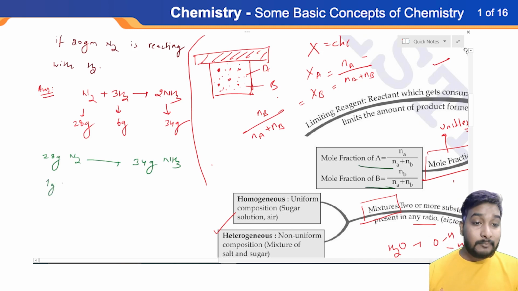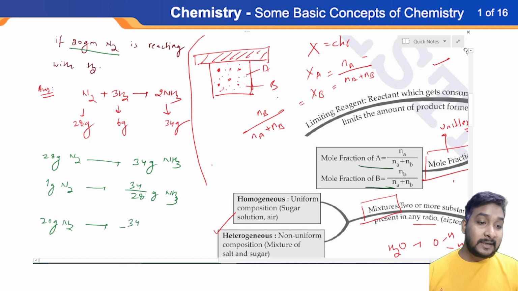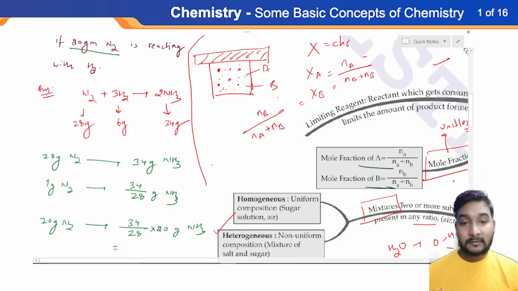So 1 gram of nitrogen will produce how much ammonia? 34 divided by 28 gram of ammonia. Okay, so the question is asking about only 20 gram. So 20 gram nitrogen will produce how much ammonia? That is 34 upon 28 into 20 gram of ammonia. If you solve this, you can easily obtain the answer.